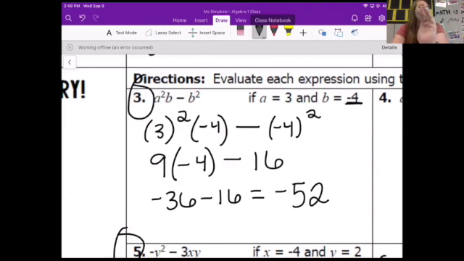I saw some people have -20. That's okay. That's an integer problem issue. That's not a solving expressions issue. So make sure -36 minus 16 takes us all the way back to -52. So I'll let you sit with that one for a second before we go over number 5. If you have a question, I need you to ask me now rather than us get 3 problems from now and you not know what's going on.